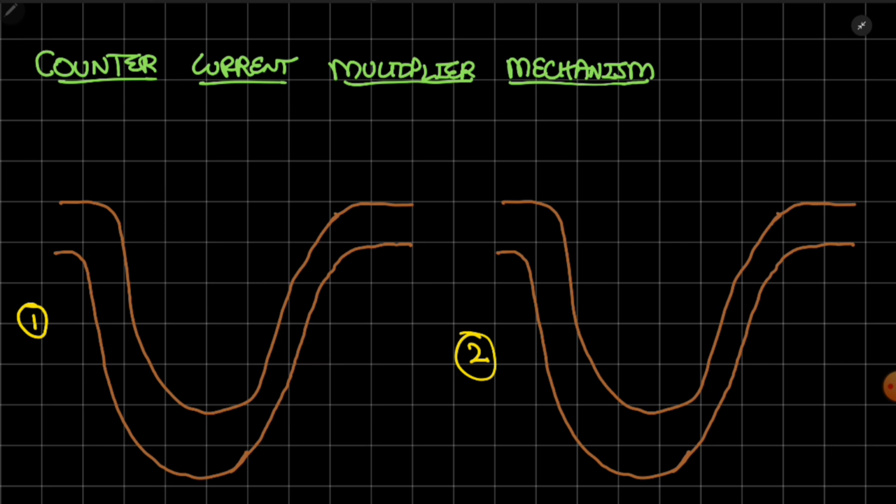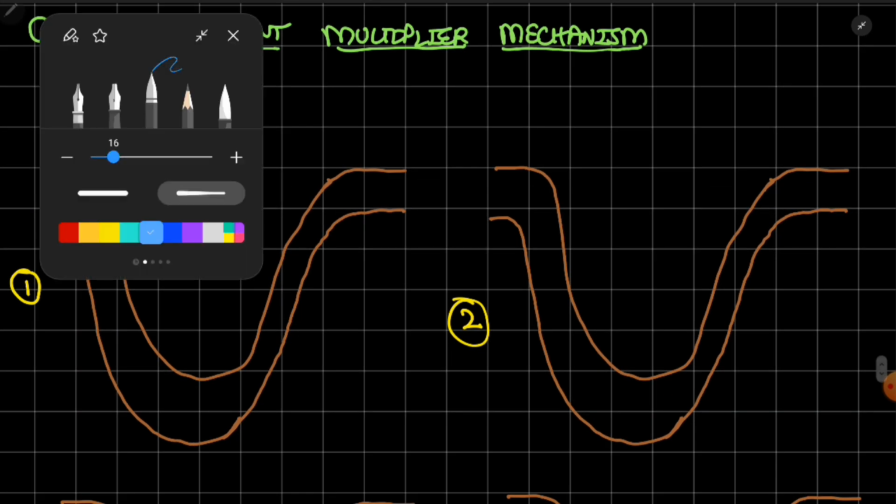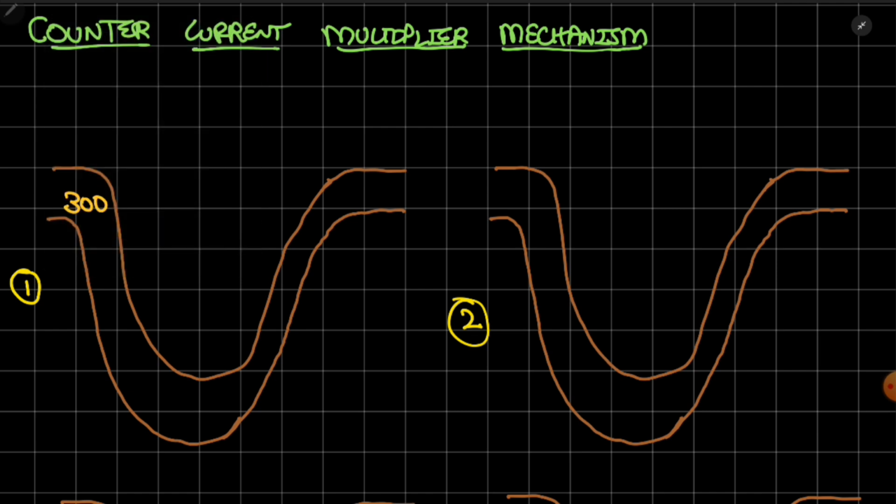Now the urine is flowing at an osmolarity of 300 osmol. The osmolarity of normal urine is 300, and it ranges from 300 to 1200.